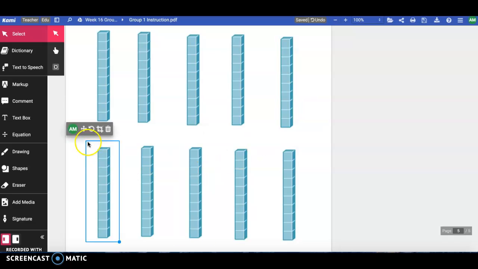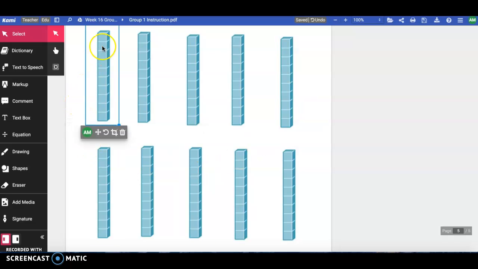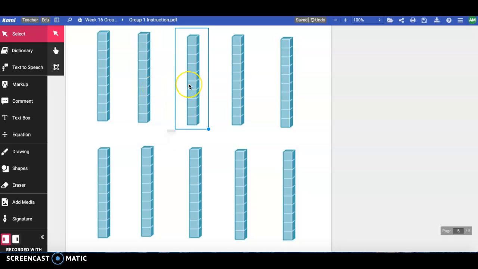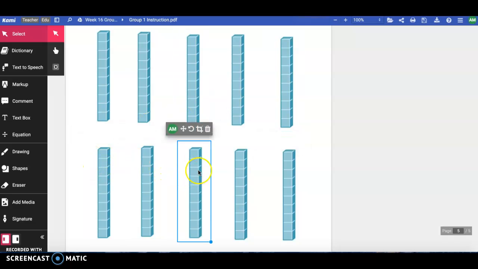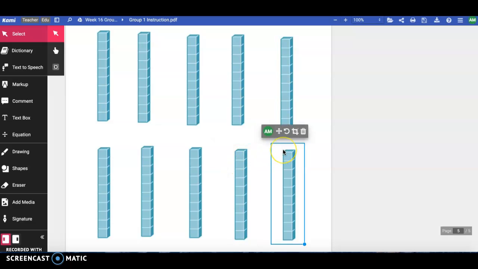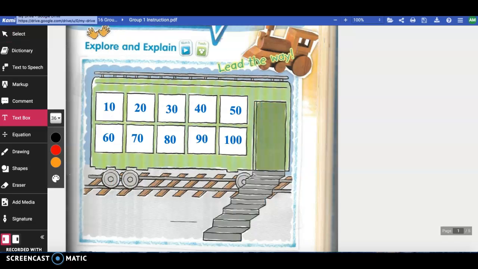So if we count by tens, we have 10, 20, 30, 40, 50, 60, 70, 80, 90, and 100. We have 100 cubes here. So again, it is so important that we remember how we count by tens when we're working with groups of 10. 10 groups of 10 is 100.